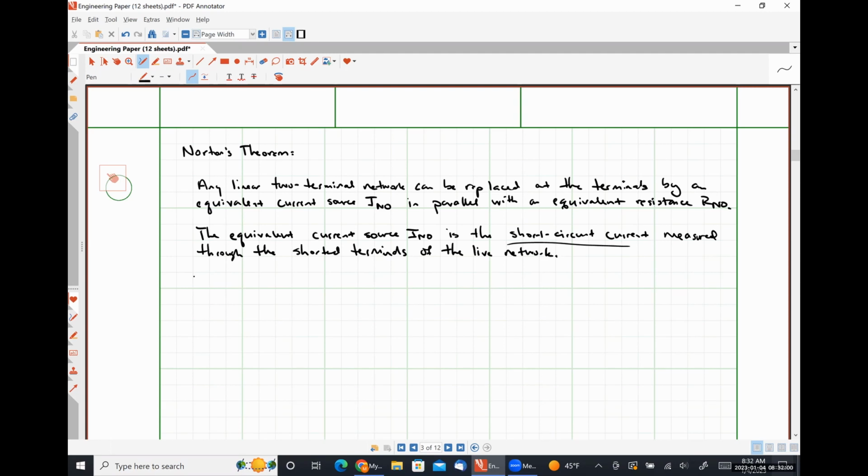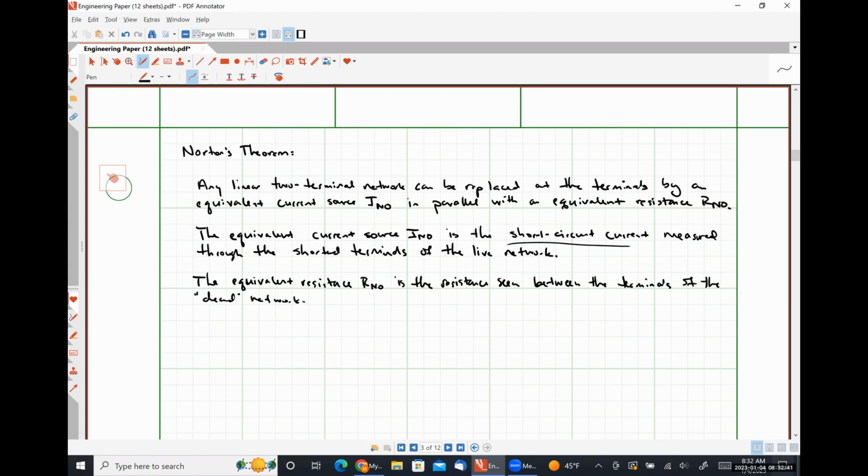And the equivalent resistance, R Norton, is the resistance seen between the terminals of the dead network.